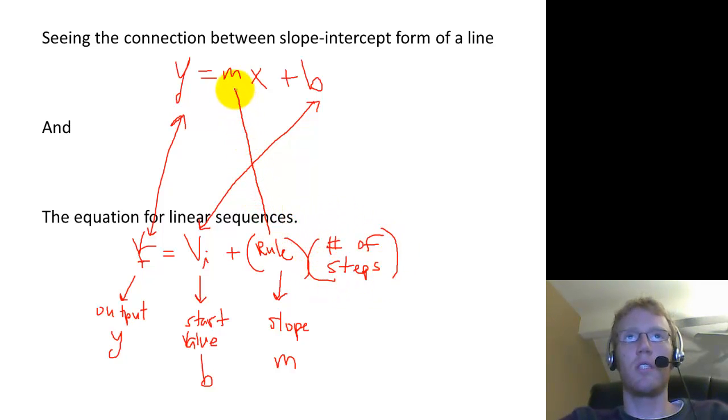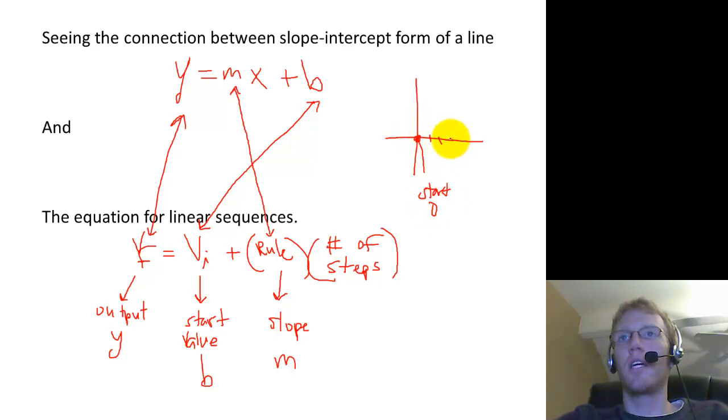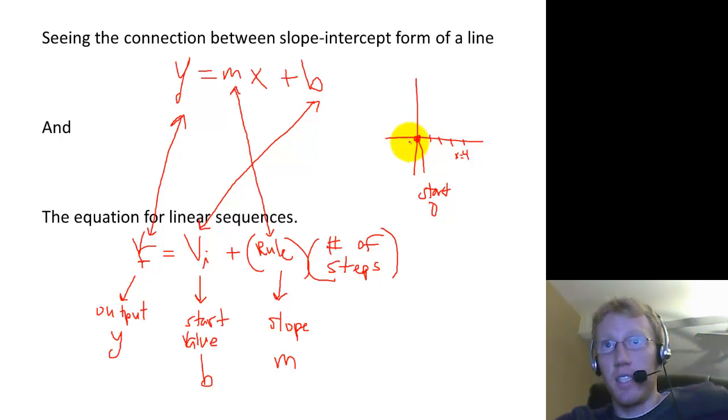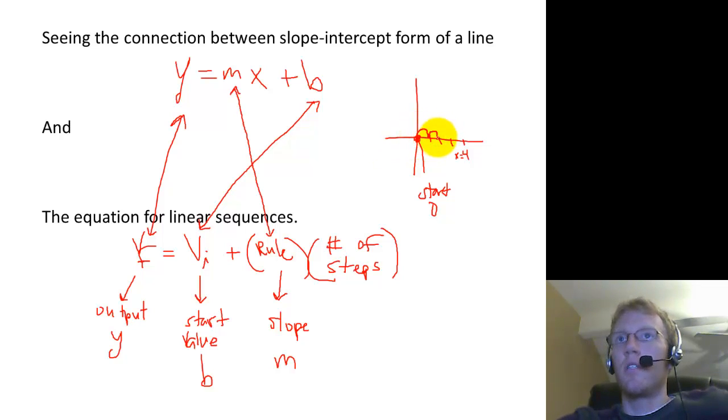And the number of steps, this one is maybe not as easy to see. The number of steps is actually the x variable. So if you imagine you have a graph, you start here at 0. Then if you're going over to, say, x equals 4, since you're always starting at 0 on the x-axis, then the number of steps forward, 1, 2, 3, 4, so your number of steps always equals your x value on the x-axis.